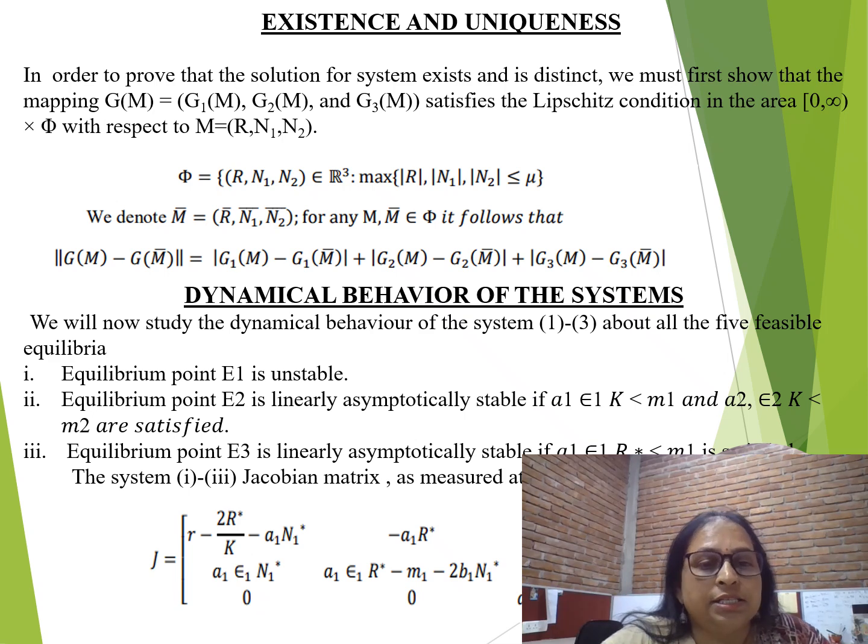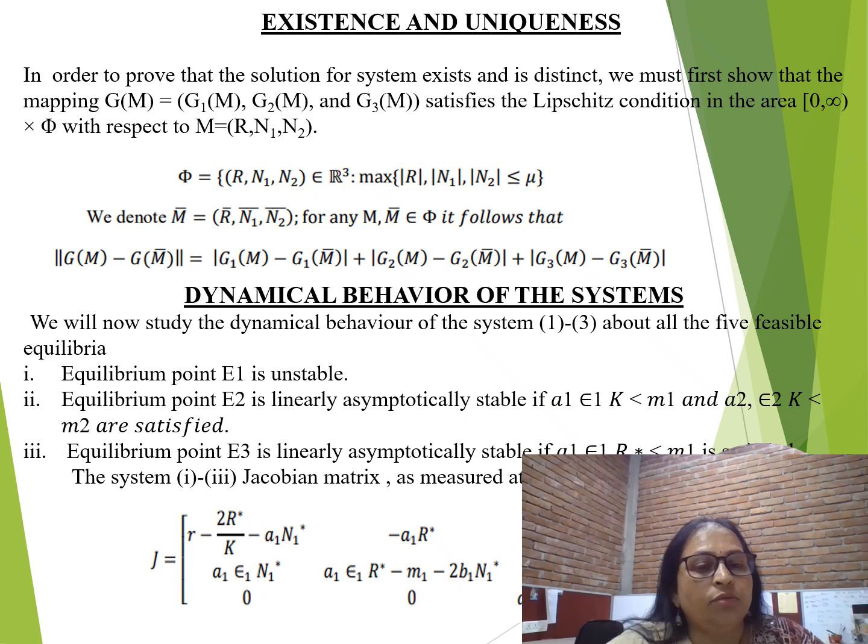Now we discuss the dynamical behavior of the system given in the mathematical model. We will now study the dynamical behavior of equation 1 about the 5 feasible equilibria. First equilibrium point E1 is unstable, and the second E2 is linearly asymptotically stable if the conditions a1 epsilon 1 K is less than m1 and a2 epsilon 2 K is less than m2 are satisfied.